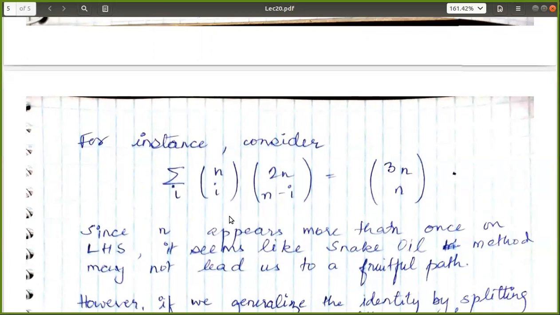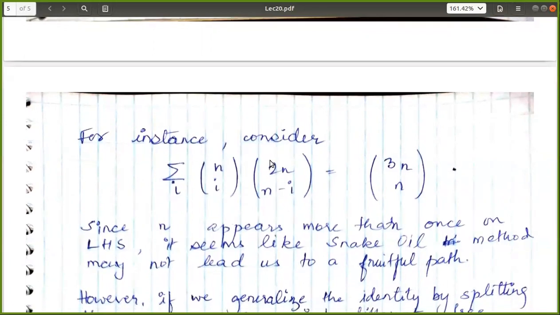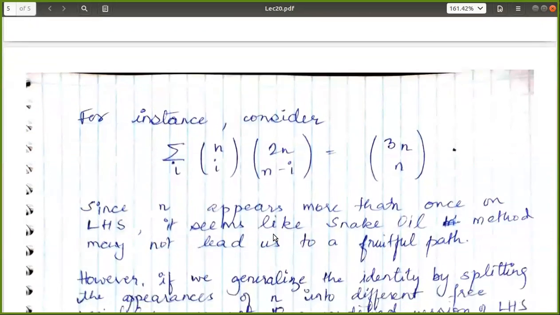So it's quite easy to suppress this particular shortcoming of the snake oil method. This is a sneaky way out. The limitation of the snake oil method is that you should not have the free variable coming more than once. So you would feel that you can't apply it, but if you just relabel these terms to some new, different free variable, then we have the answer.